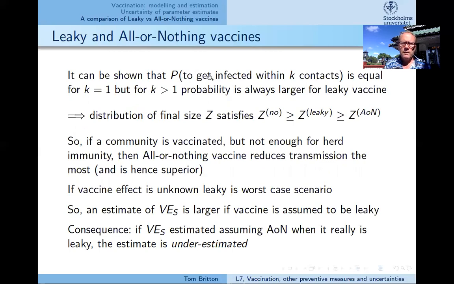The probability to get infected if you are contacted K times, so if you have K infectious contacts on you, will depend on if you have a leaky vaccine or if you have an all or nothing vaccine.